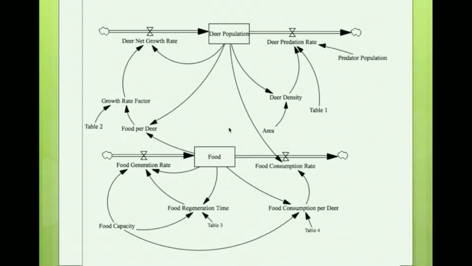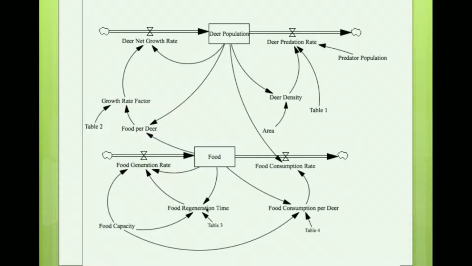Now let me get back to the food issue, because food drives growth of deer. Food is also a stock, so it's got an in and an out. The way food grows, it's a natural preserve, so there's an ability for vegetation and other food sources of deer to regenerate naturally.